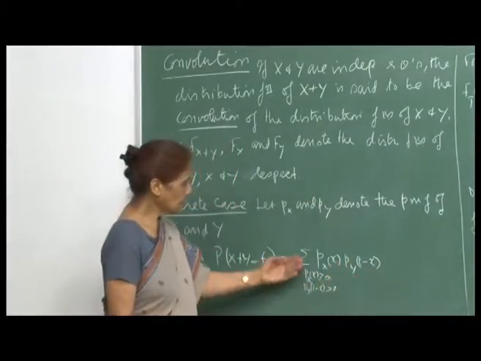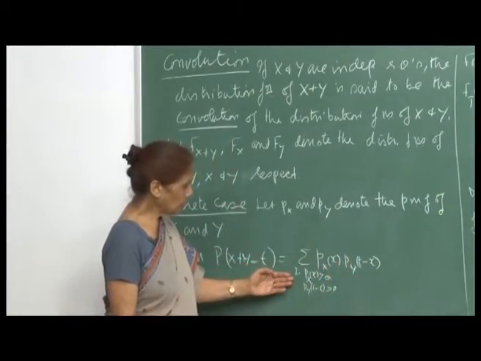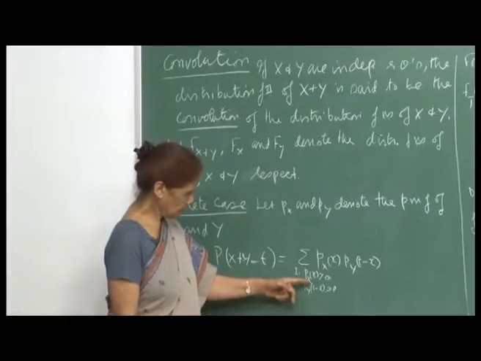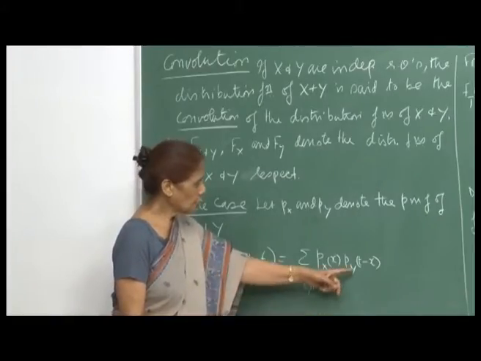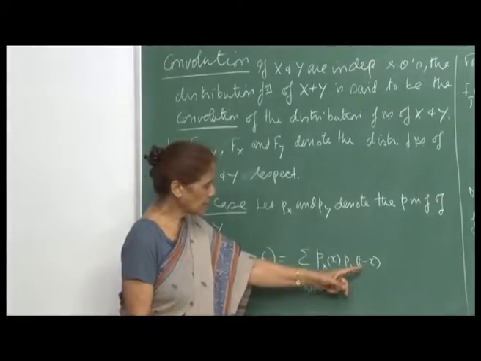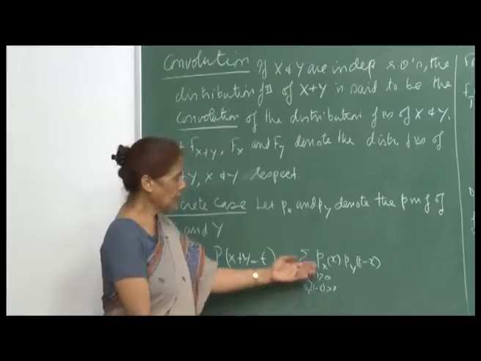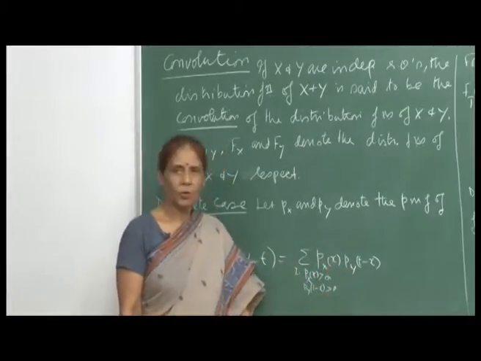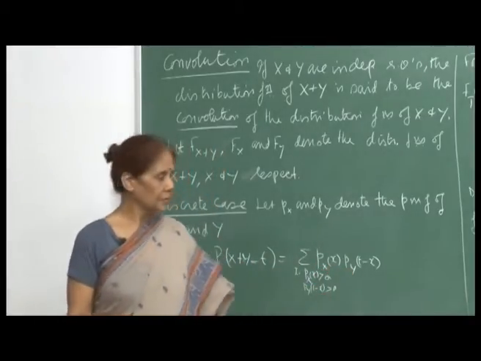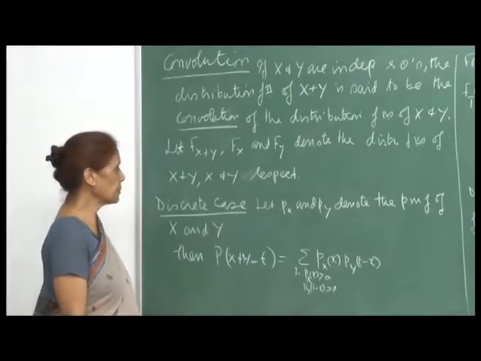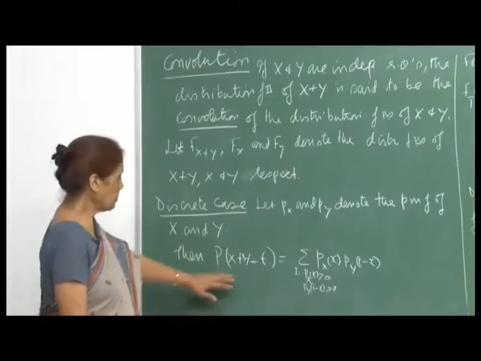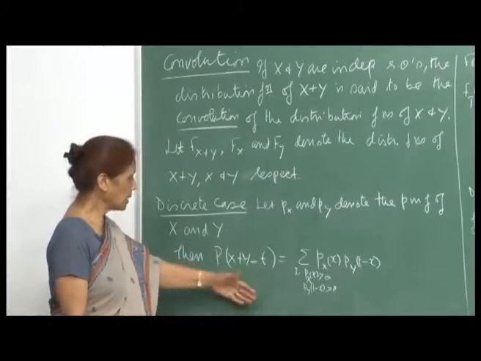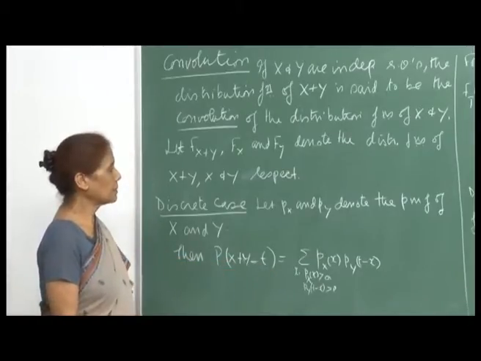Of course, the summation will be over all x for which p_X(x) is positive, and also such that the probability of Y at t minus x is also positive. Otherwise, since it is a product of these two probabilities, whenever one of them is 0, the contribution of that particular term will be 0.